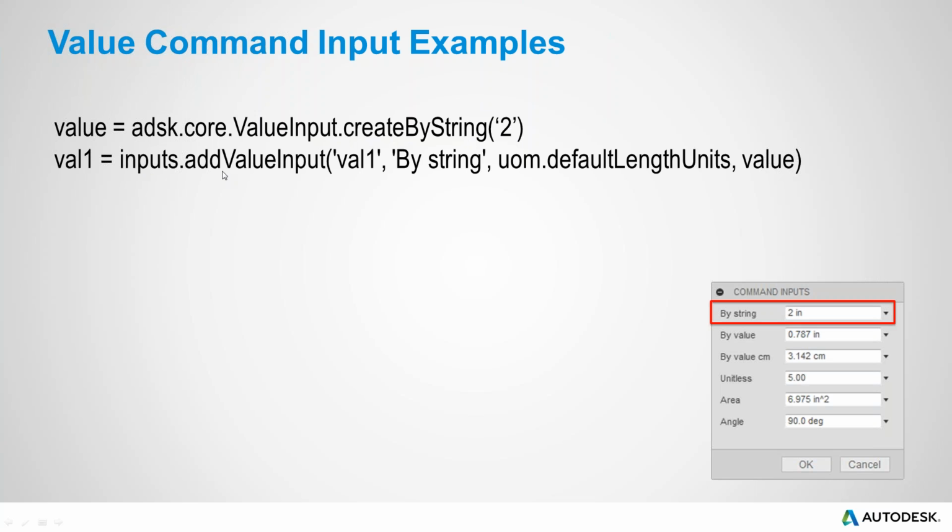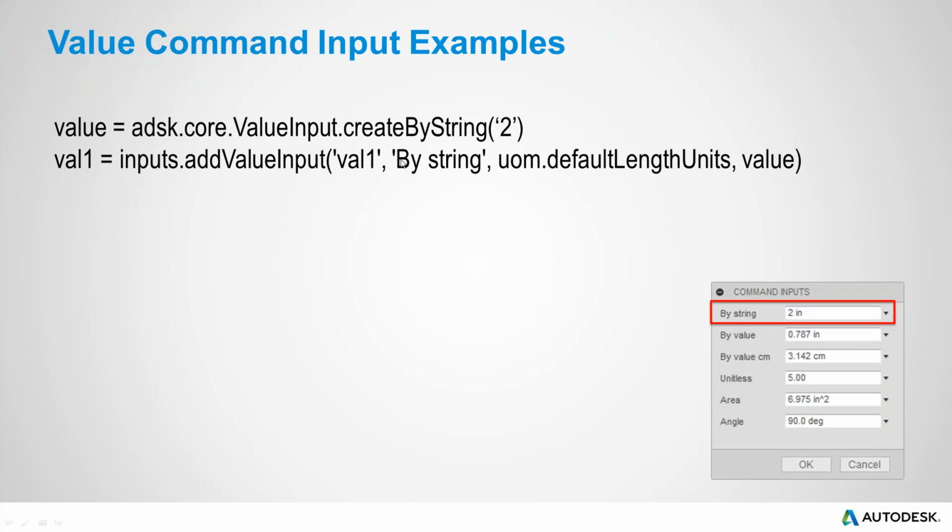And now I'm using this add value input to actually create the value input for my command. So this first argument is the name of that input, which I'll use later when I want to go find it again to get its value. So it's just whatever name you want to supply. It just needs to be unique amongst the command inputs for your command.